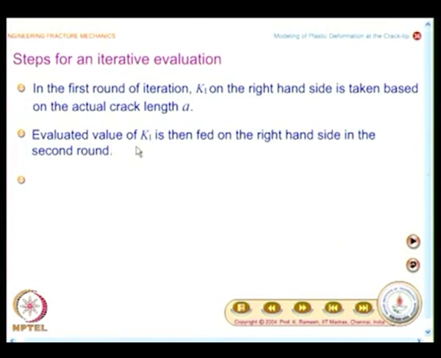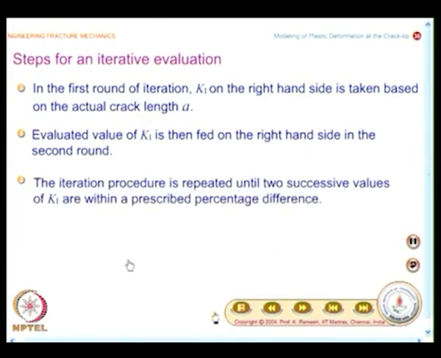The evaluated value of K1 is then fed on the right hand side in the second round. It is very simple, it is not complicated, it is straightforward. The iteration procedure is repeated until two successive values of K1 are within a prescribed percentage difference, then you stop.